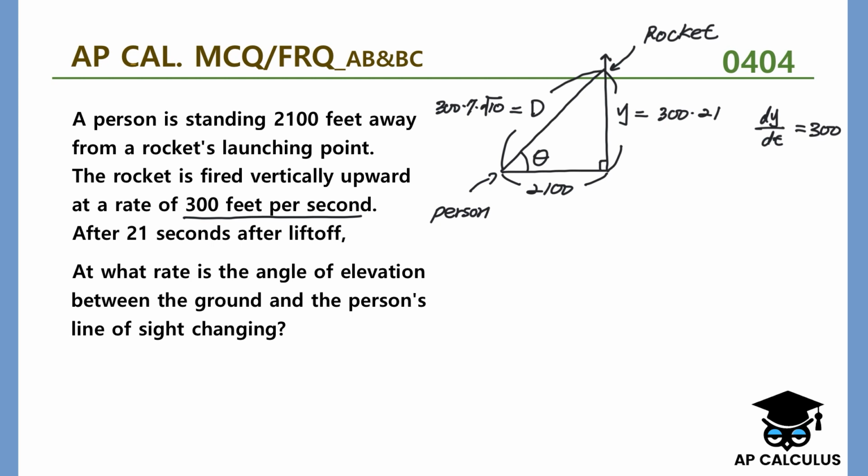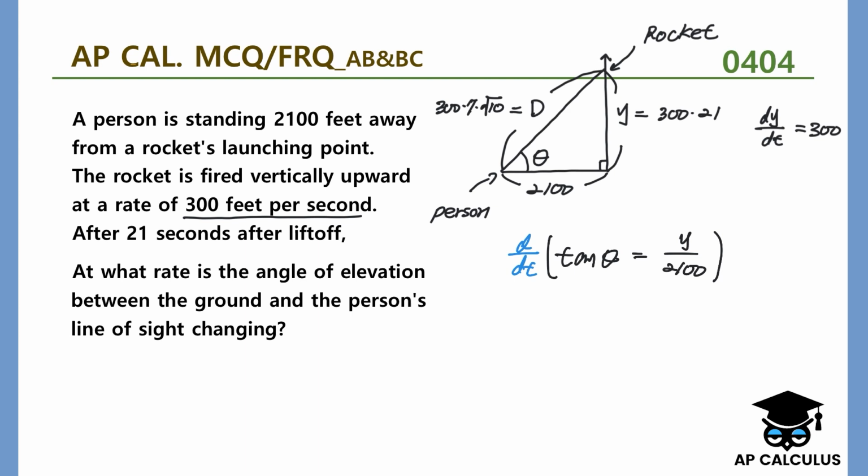So far so good. Now we have to write the equation that includes theta. We're gonna use these two legs since the rate of this was given and this is constant. So we're gonna use tangent. Tangent theta is equal to opposite over adjacent, y over 2100. Let's differentiate this with respect to time t.